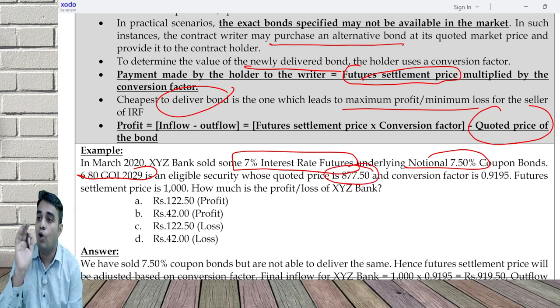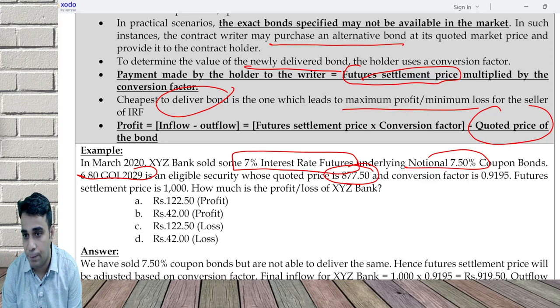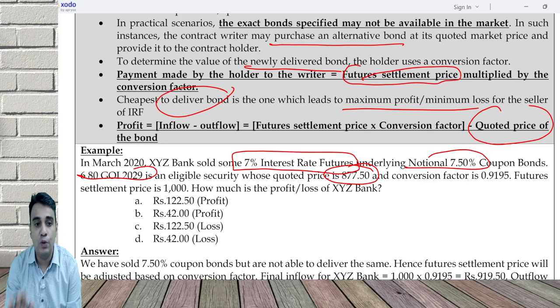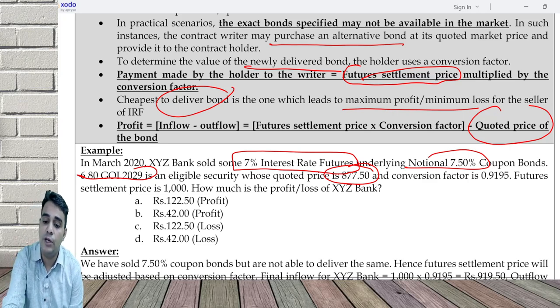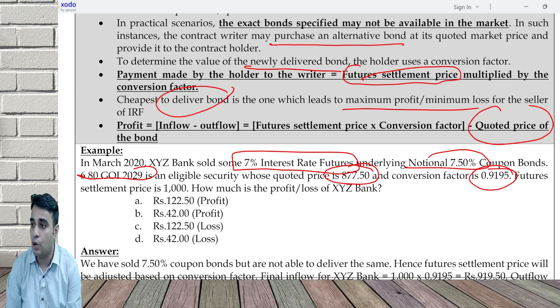So I'll go to the market and buy this at 877.5 and hand it over to you. You will not pay me 1,000 rupees. Why are you not paying 1,000? Because you are saying I wanted a 7% bond, and you are giving me a 6.8% bond. So I will give you 1,000 into 0.9195. Understand the chronology of the transaction.